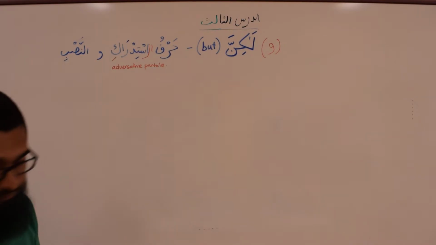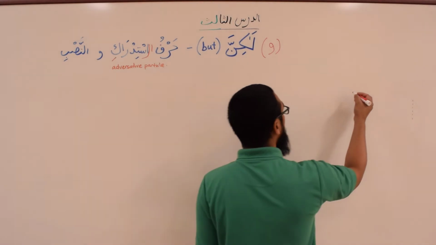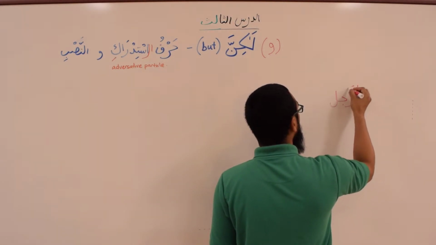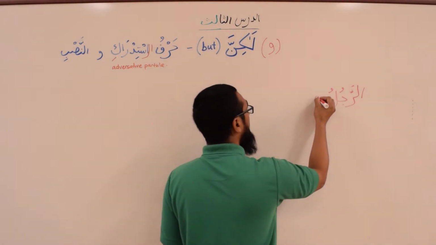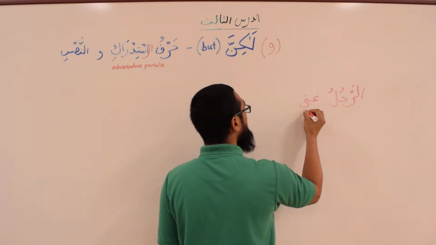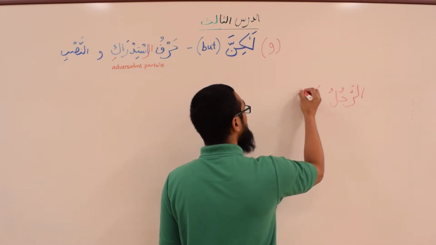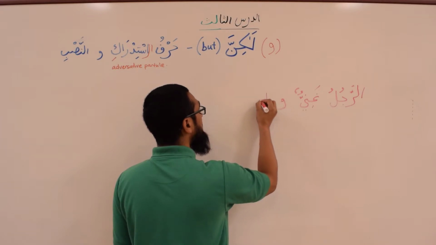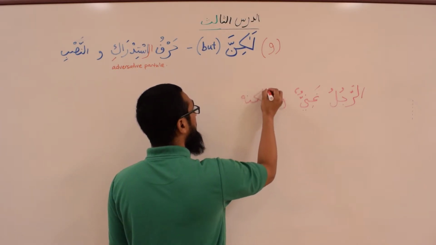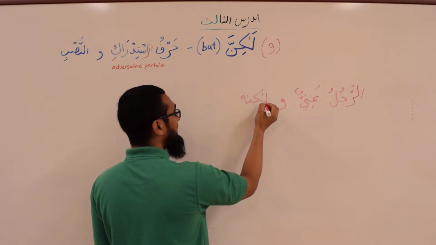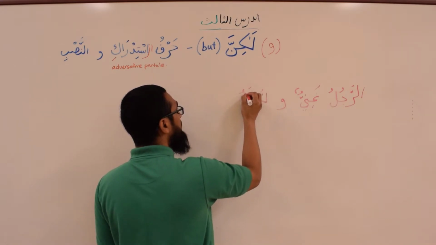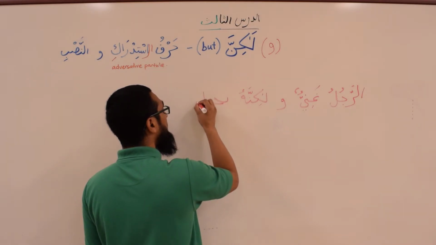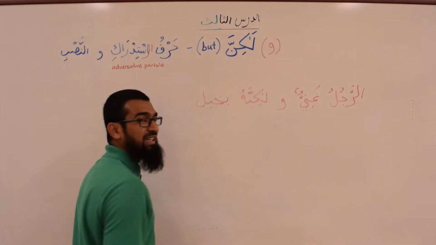So we say: الرجل غني، ولكنه بخيل. Remember it's like there's an alif there. بخيل means stingy.